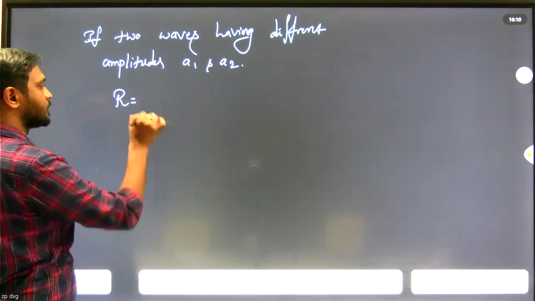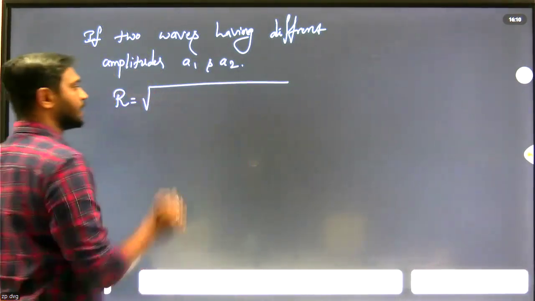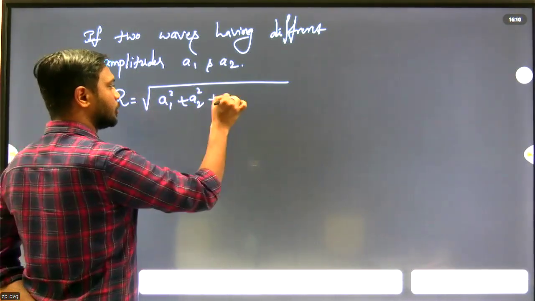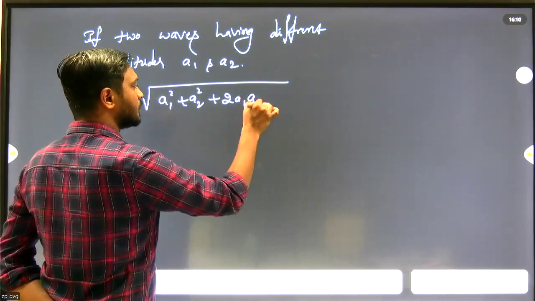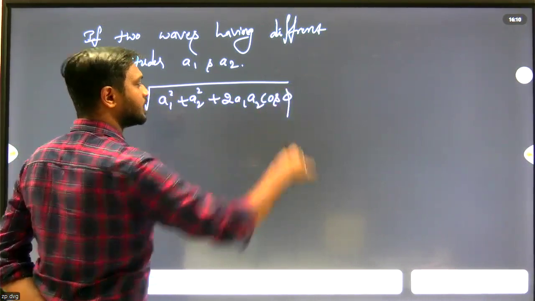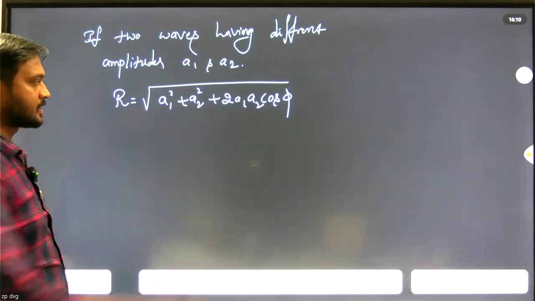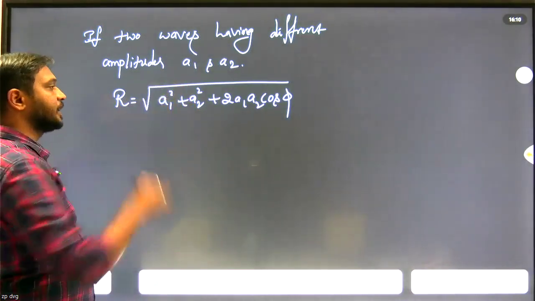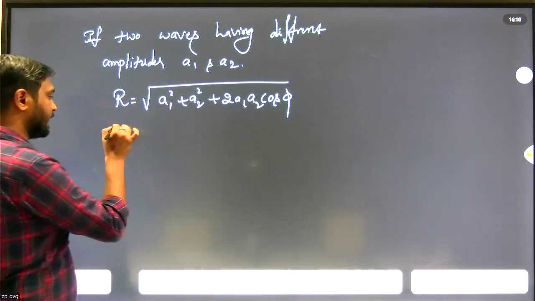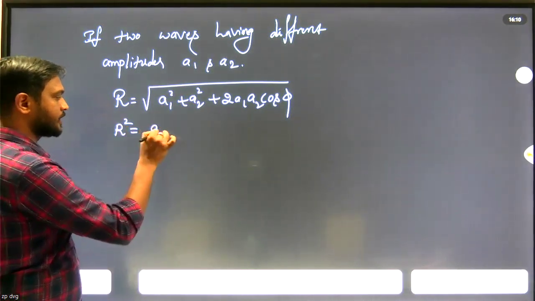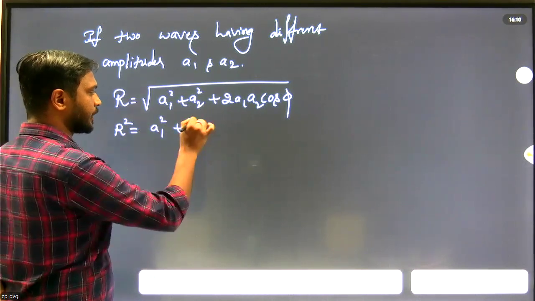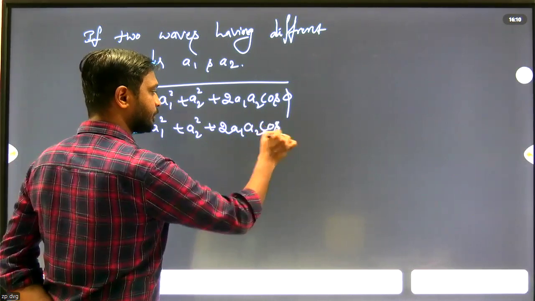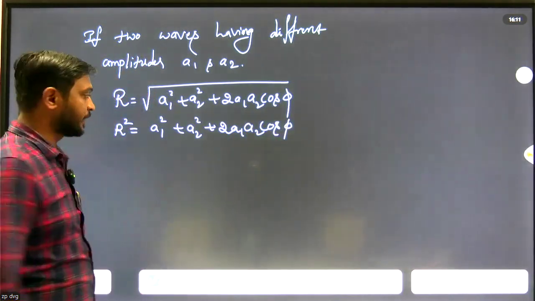The resultant amplitude can be calculated as R equals square root of a1 square plus a2 square plus 2 a1 a2 cos phi. This is the formula to calculate the resultant amplitude of the two waves. R square equals a1 square plus a2 square plus 2 a1 a2 cos phi.